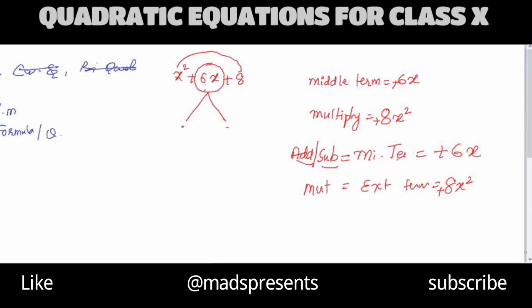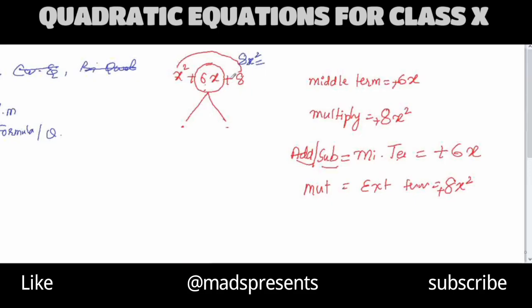Split the middle term into two terms, and if you multiply the same numbers, you must get the extreme term. Our focus is mainly on 6x.